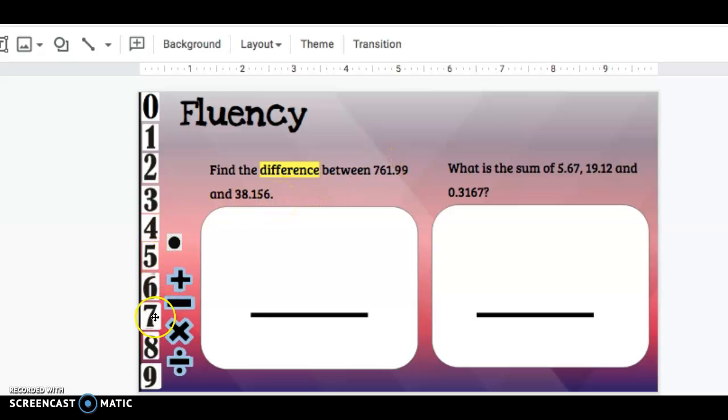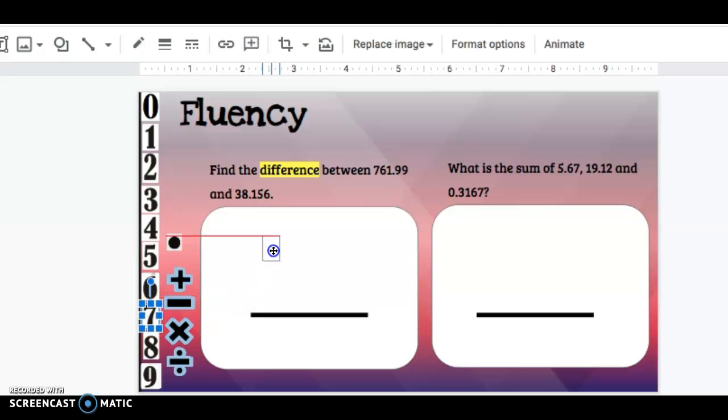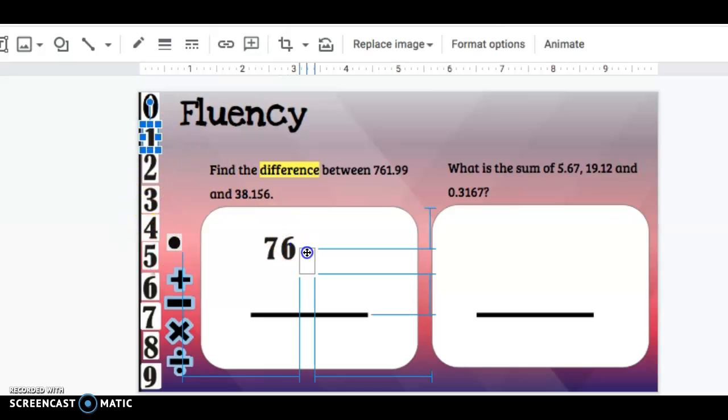But when we are subtracting, we want to make sure, before we even start subtracting, that we line up our digits and line up that decimal point based off of its place value. So you first will put your first number down. You'll put your decimal point.